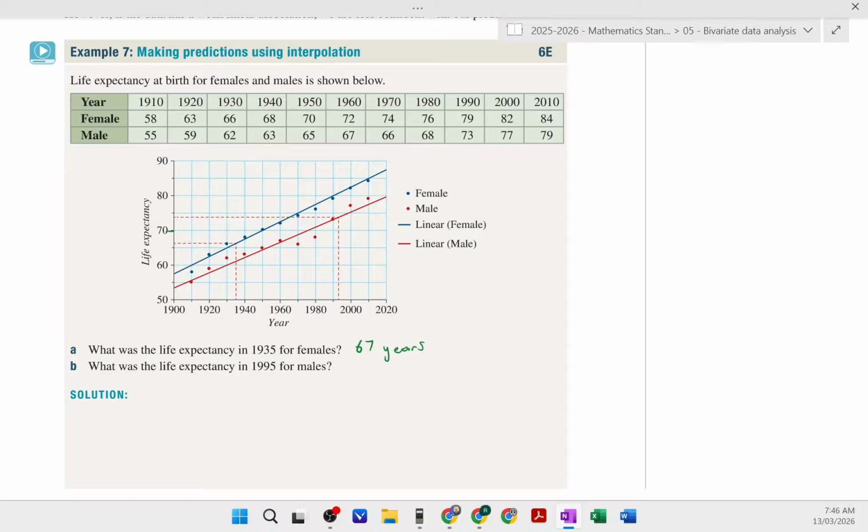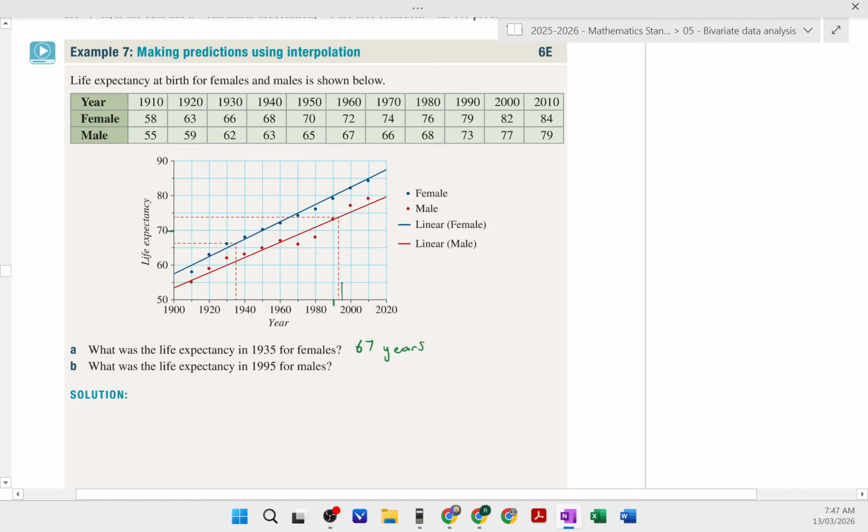So the blue one was obviously the females, and for 1995 for males we're going to be using the right-hand one. So now we go over to 1995. Now, for some reason, there's 1990. I would have said 1995 was there. I think their line is a little bit out. Because that's 1990, I would say 1995 is about there.